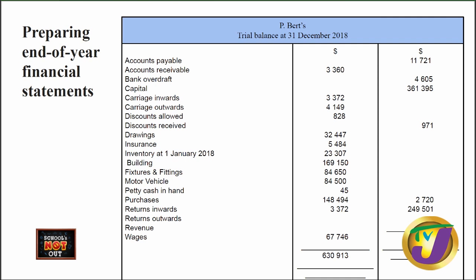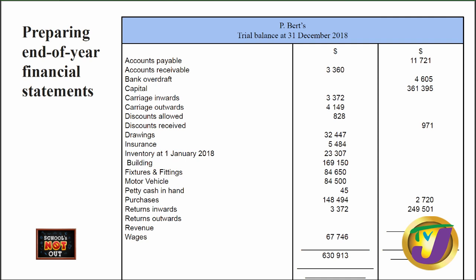Remember, students, there are three ledgers. You have your general ledger, your purchases ledger, and your sales ledger. Now at the end of the financial period, all of these accounts are balanced off, and then they are placed in a trial balance, which tests the arithmetical accuracy of how the ledgers are written up.